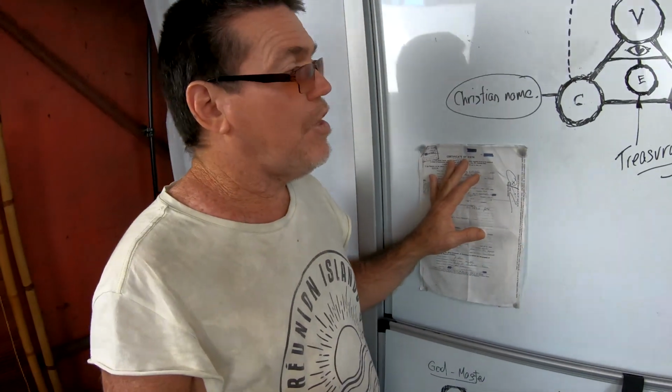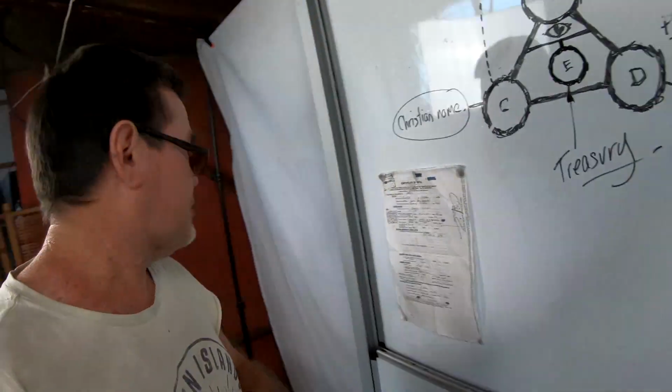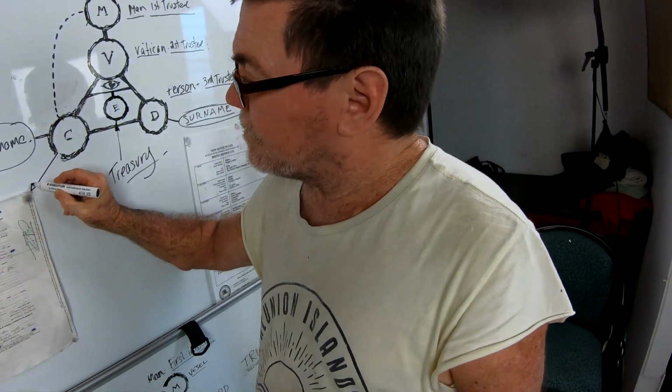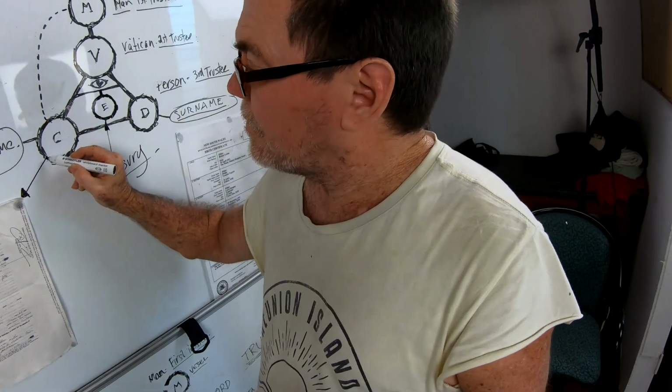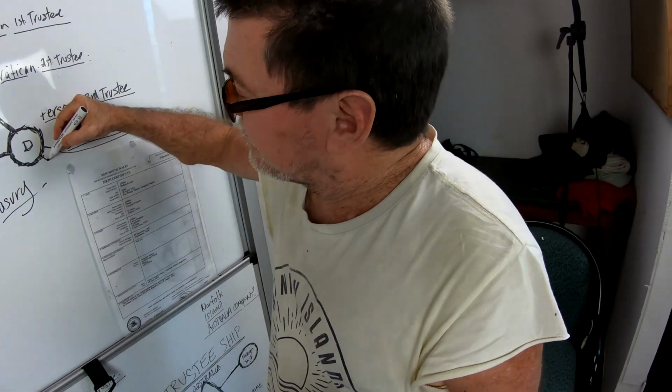The certificate of birth, which is the creditor side, I'll just write that here. This one, the debtor.